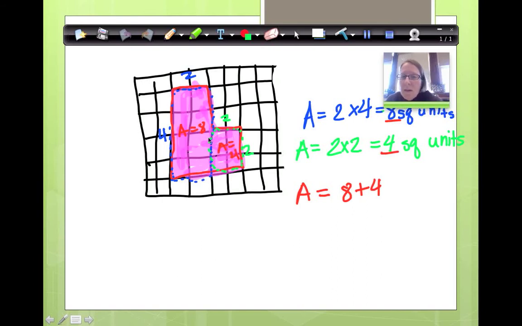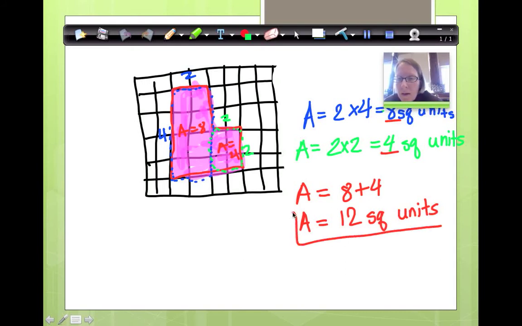So if this is the 2 areas, we should add them together. We can get the total, or the sum of the 2 areas. So here we go. 8 plus 4. Well, if it's 9 plus 4, would be 13. So that makes it be 12. So 12 square units. Okay? So the area of that shape is 12 square units.